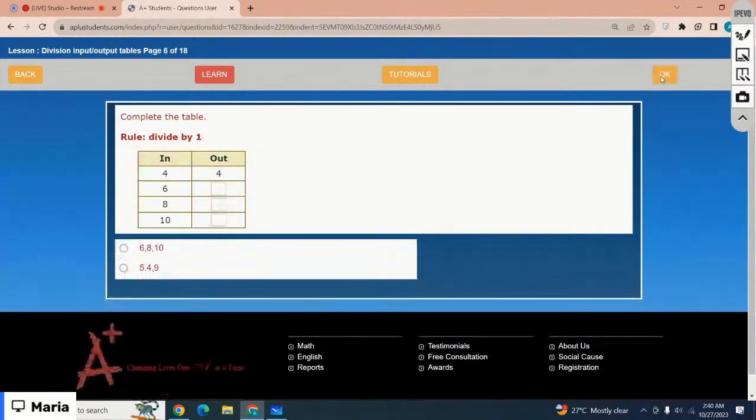Okay, complete the table. Divide by 1. The rule is 1. Which is the correct option?